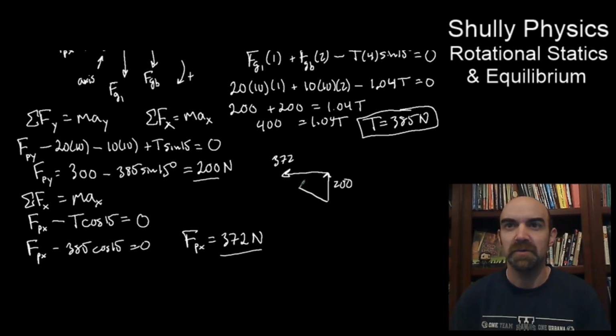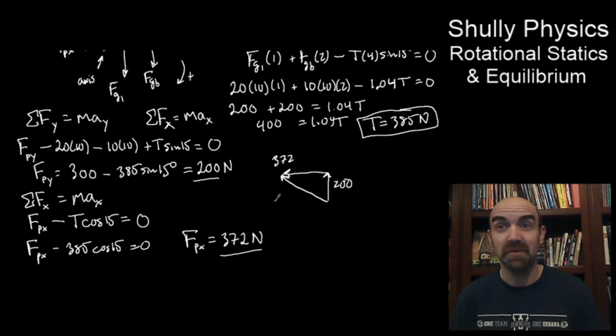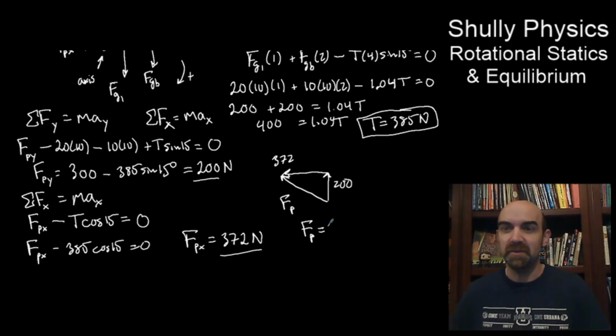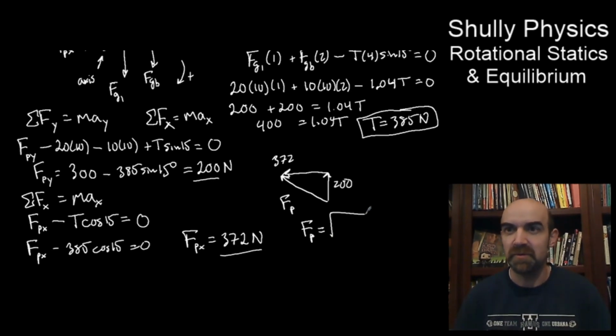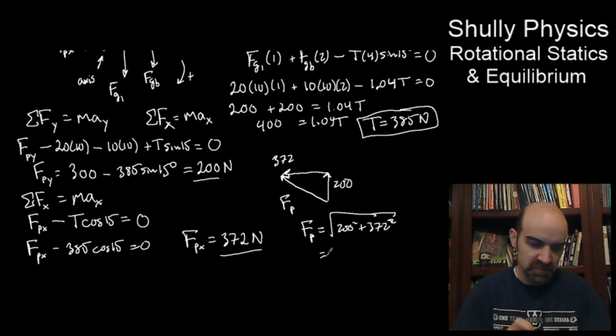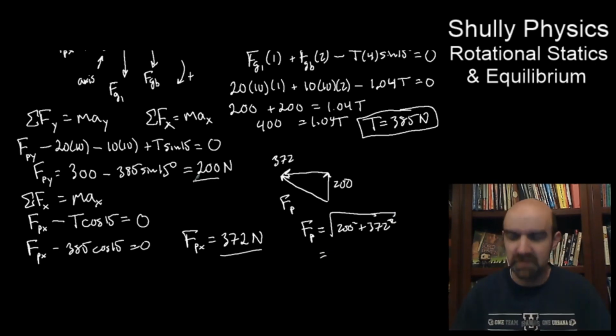So the overall force is that one, or FP. FP is the Pythagorean theorem applied to that. So square root of 200 squared plus 372 squared. It's 422 newtons.